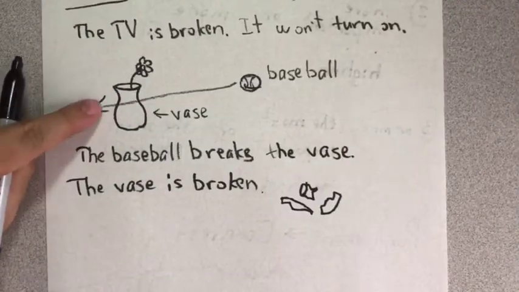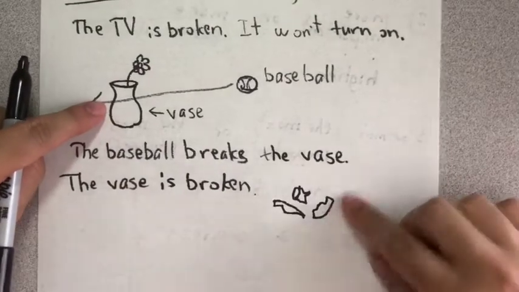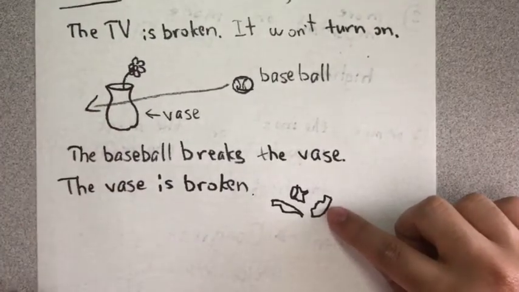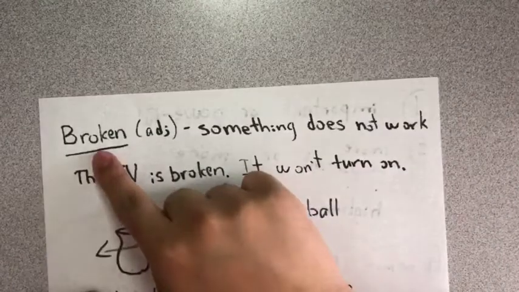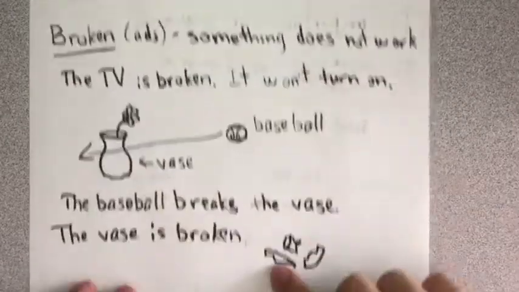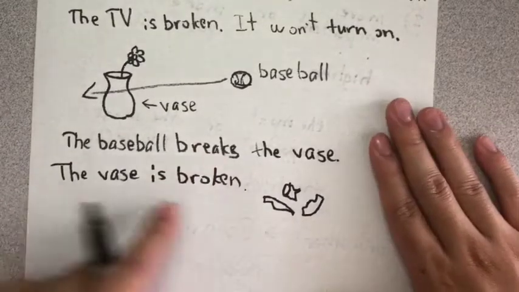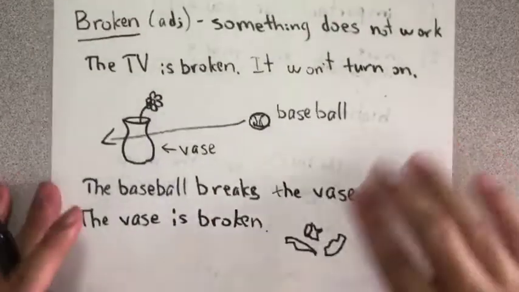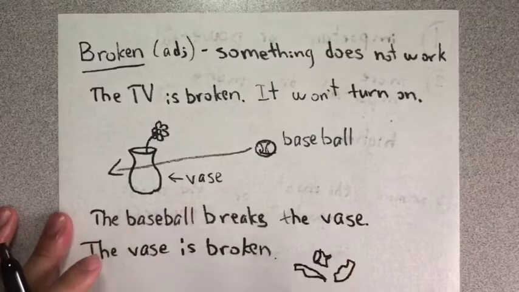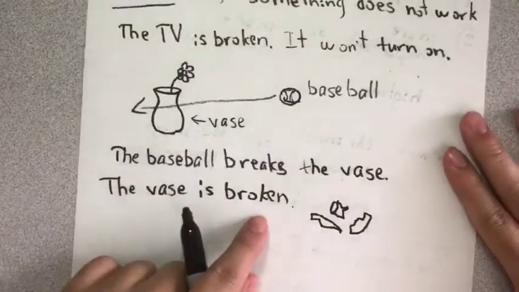So this is the vase when it's normal, and this is the vase when it's broken. So broken means something does not work, but broken also means something breaks. The baseball breaks the vase. So now the vase is broken.